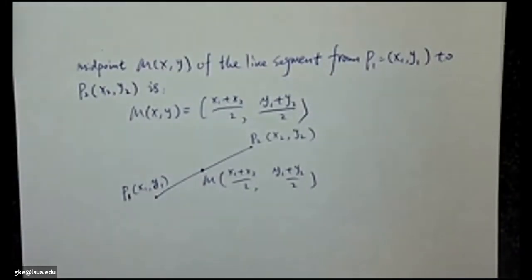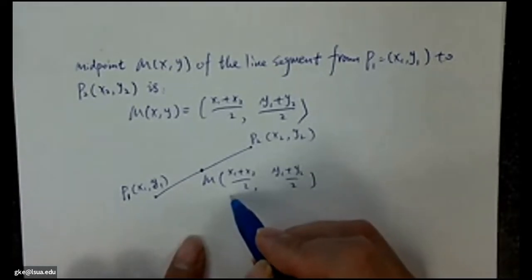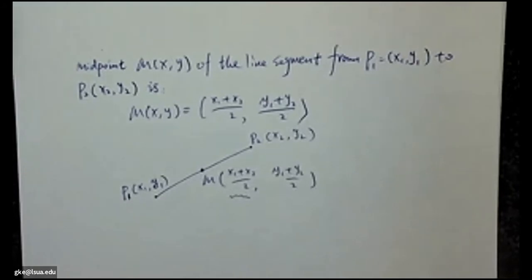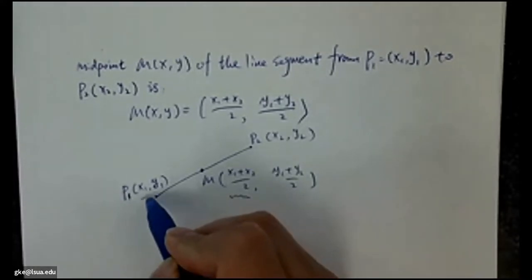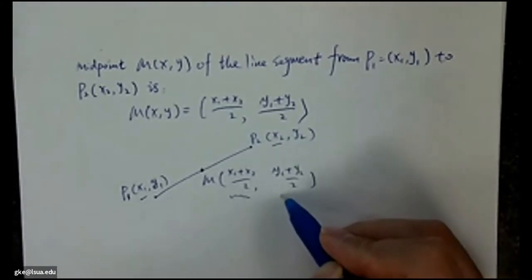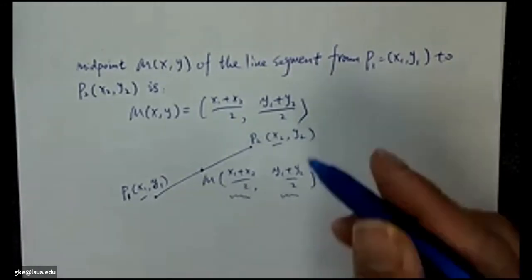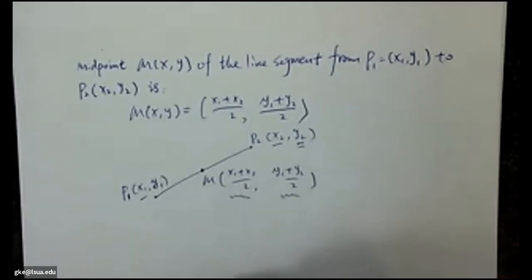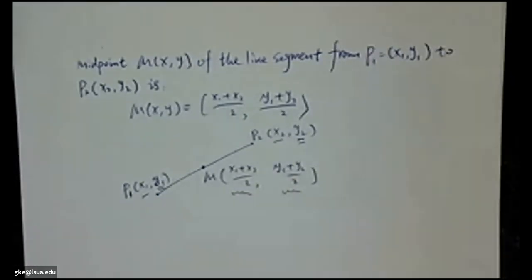Now let's take a look at this formula. For the x-coordinate of the middle point, that is the average of the x-coordinates, and the y-coordinate is going to be the average of the y-coordinates.